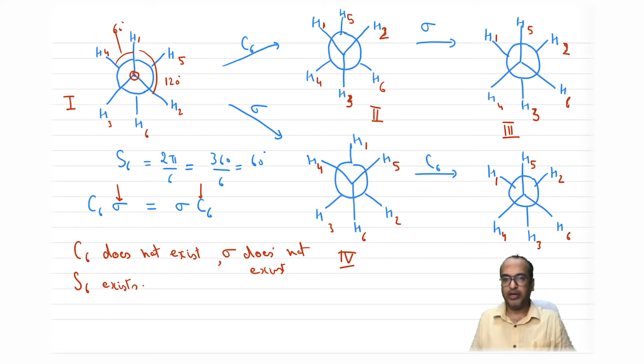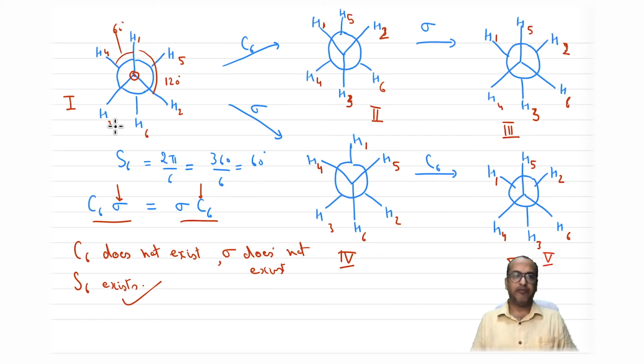And now if we call it the fifth, you can easily see that the first, third, and fifth are equivalent. Because first and fifth are equivalent, we can say that S6 exists. So this is verified again. And because third and fifth are equivalent, we can say that C6 sigma and sigma C6 are both equivalent. So that means the two operators are commuting, right?